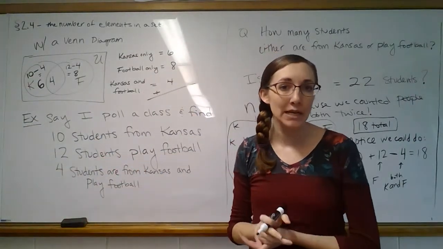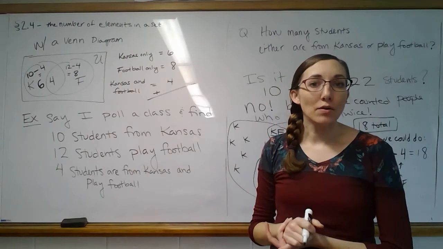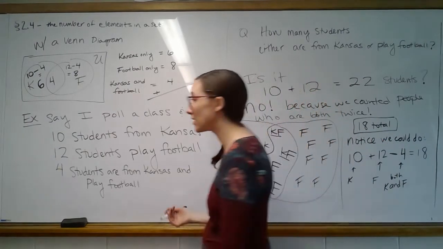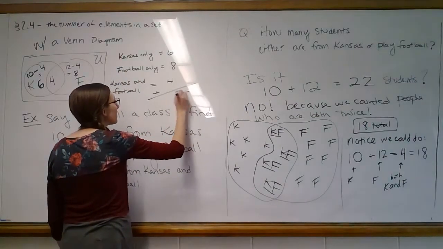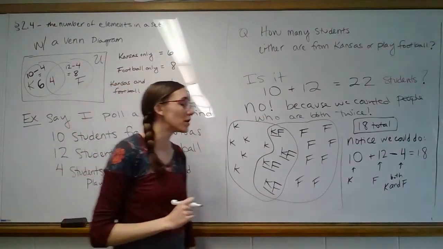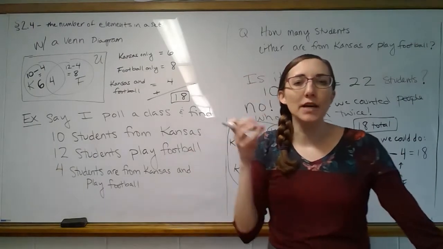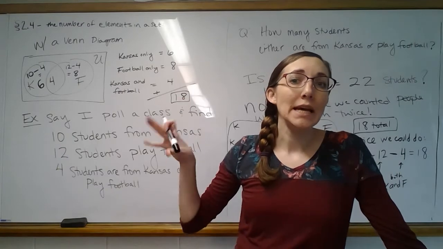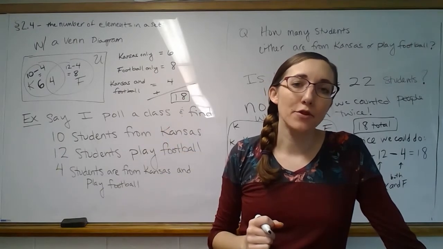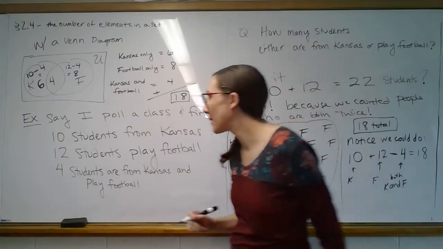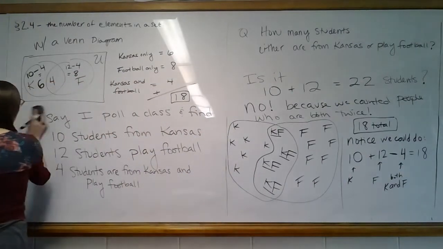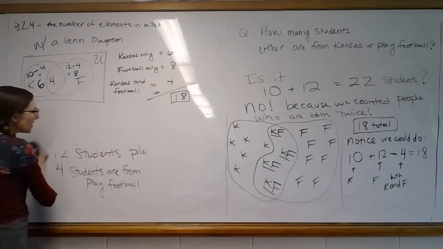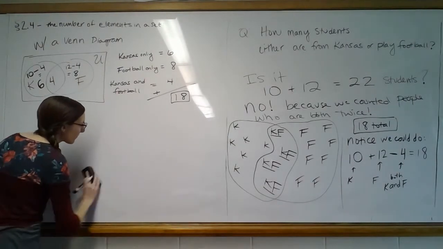Everyone is unique in that question. So if I add up all of those, 6 and 8 and 4 makes 18. Again, we find that correct total that we were looking for. So what we've actually done here is we've done the subtraction of the overlap just in a slightly different way. We did it in the process of creating our Venn diagram. So I've got 2 different takeaways that I want from this example.